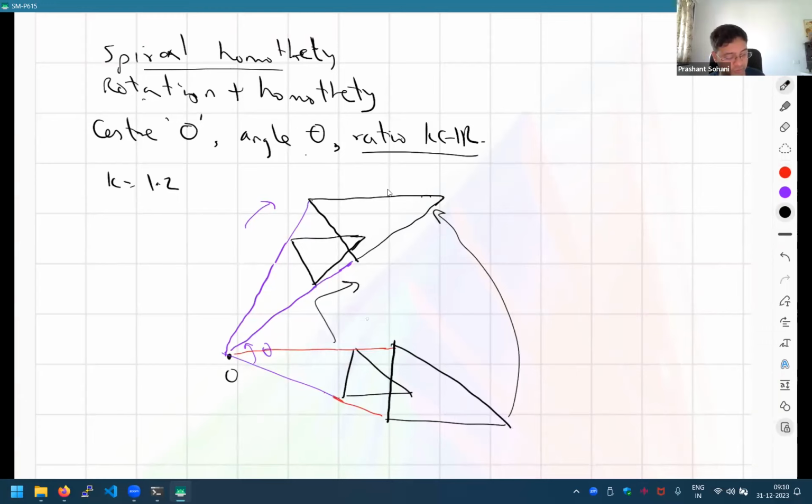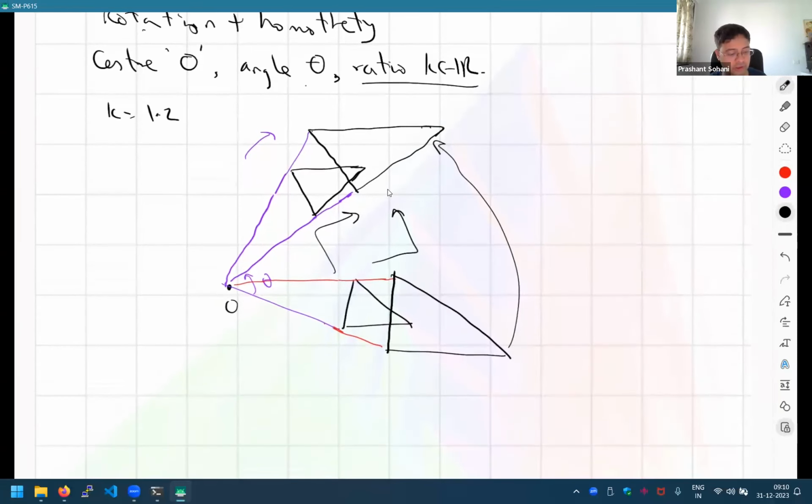So whether you go this way or this way, the result is the same. Or if you wanted to state this in terms of the group theoretic notation that we have developed so far, the rotation and homothety are commutative, or rather commute with each other. That is the better way of saying it.